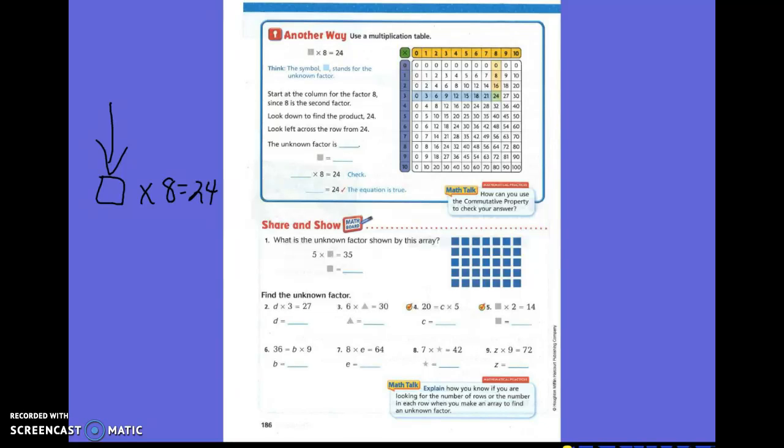So the unknown factor is 3. So the box equals 3. What times 8 equals 24? 3. So then we say 24 equals 24. So the equation has to be true. Make sure you have all that written in. Okay. Now it's show and share.